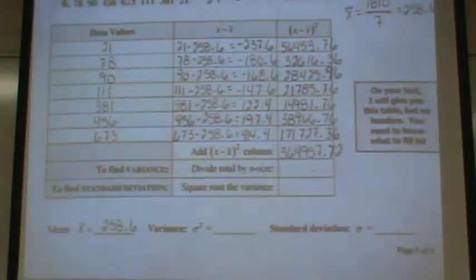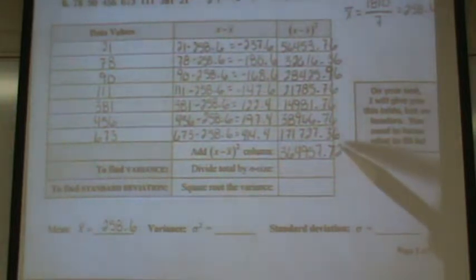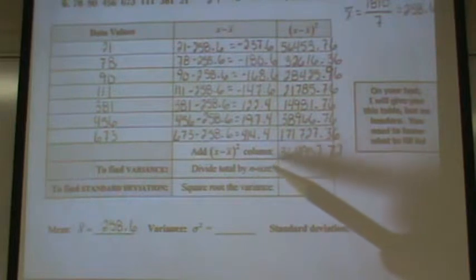Now, to find the variance, we're going to divide that number that we just found by adding up column 3, and we're going to divide by n.